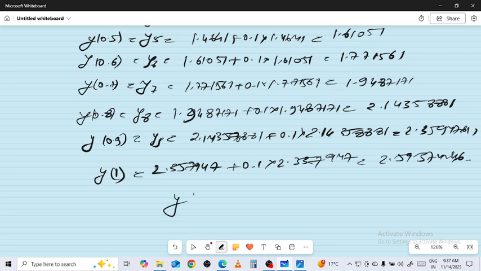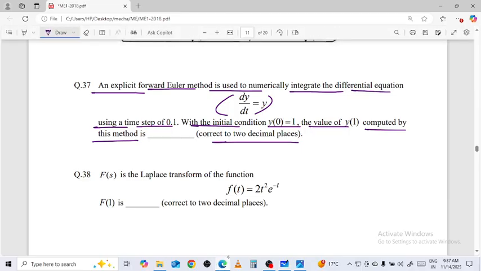So exactly y की वैल्यू 2.59 this. Okay, 2.59 is your final answer.